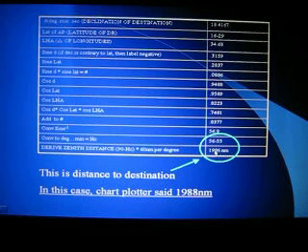And that's going to give us how many nautical miles to destination: 1,986. The chart plotter at the time when I was doing this was 1,988, so there was a couple miles difference, not much on those latitudes. But it could be significant if you're going in another direction from different points.